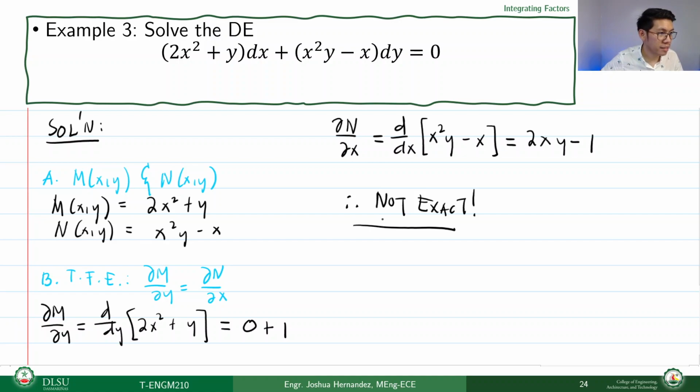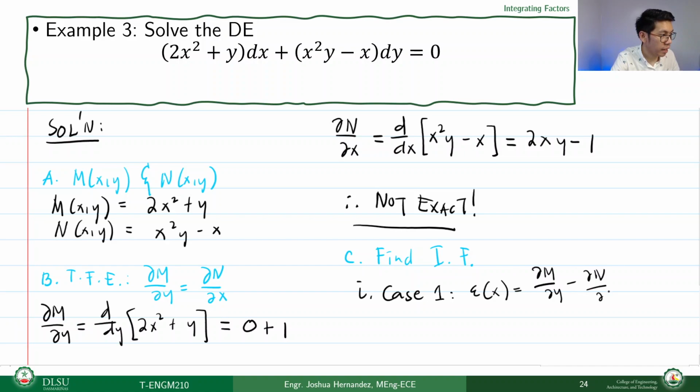So what then should we do next? What we should do next is to find our integrating factor. And how do we find the integrating factor? First, case 1. We use case 1, and that is epsilon of x equals the partial derivative of m with respect to y minus partial derivative of n with respect to x all over n.